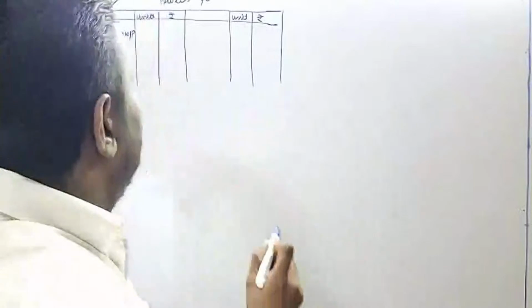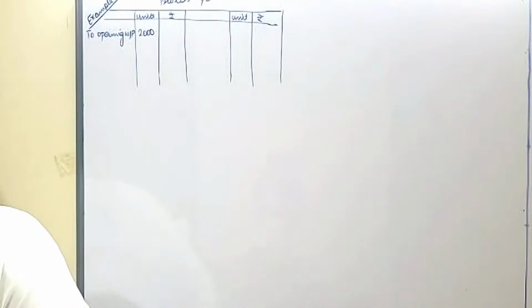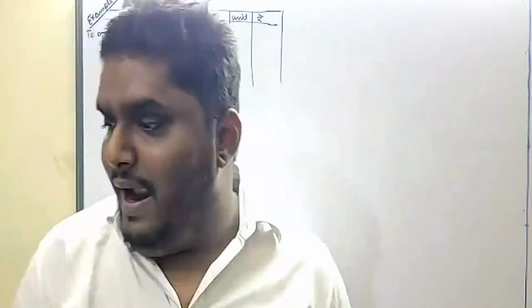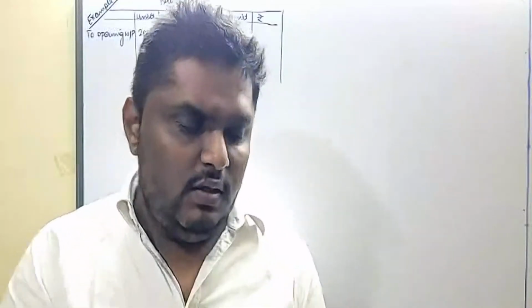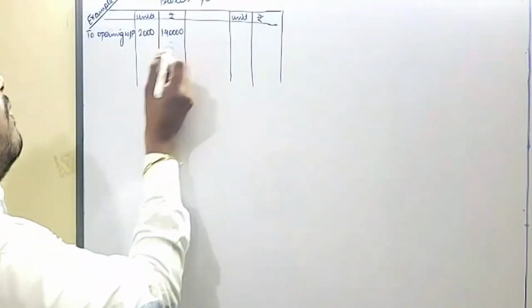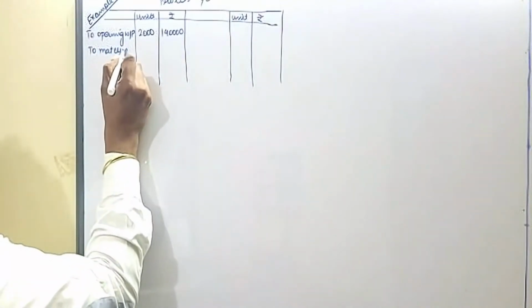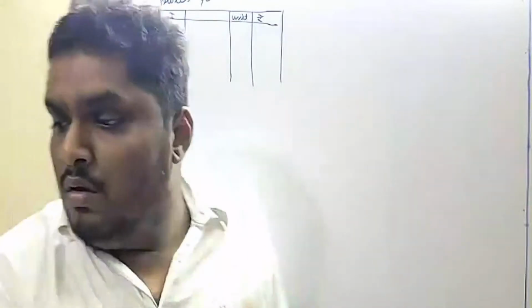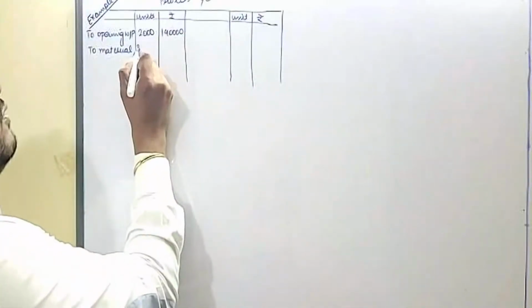Opening work in progress is 2,000 units. And the total cost of opening work in progress is 80,000 plus 15,000 plus 45,000. So the total cost is 1,40,000. When talking about the material cost, 38,000 units were introduced.